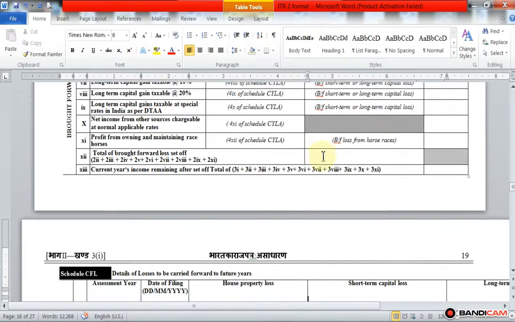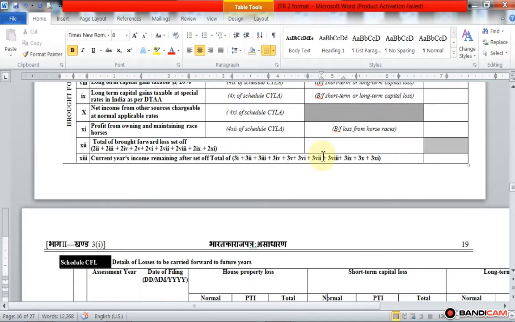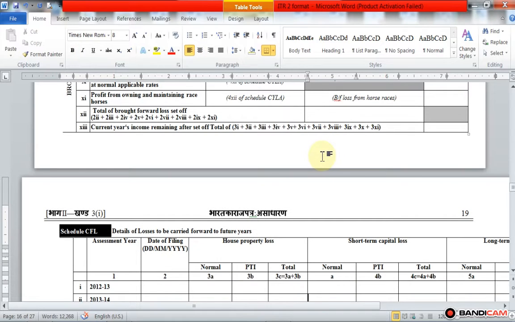Then make a total of brought forward losses and set off of losses. Then we deduct the losses from the current year's income and we get the current year's income after set off of the losses.